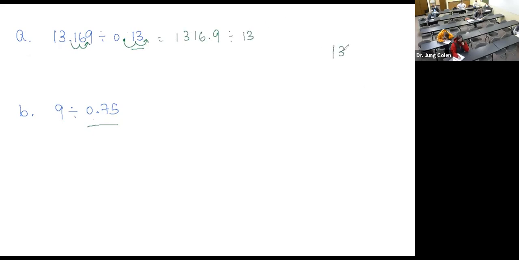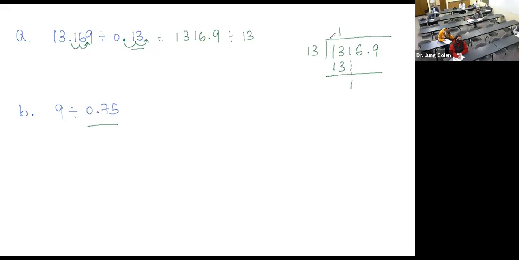We can just do 1316.9 divided by 13. So 13 goes into 13, and the remainder is 0, so drop down the next one, which is 1.